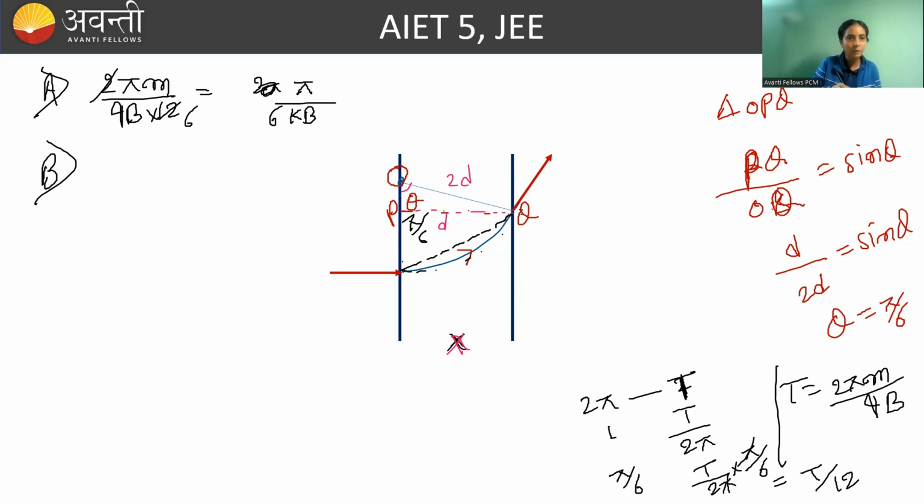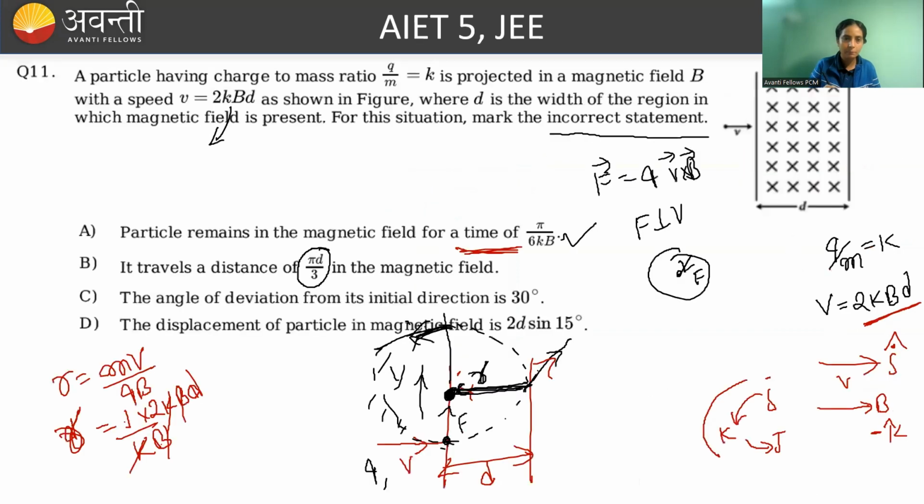Length of arc is R into theta, where theta is the angle made by that arc. So radius into theta. Here the radius value is 2d and theta is pi by 6, so this is equal to pi d by 3. So B also seems correct, B is also pi d by 3, this is also correct.